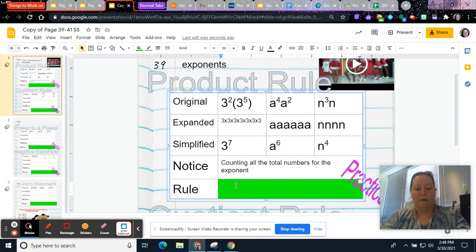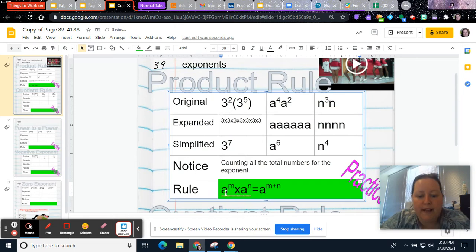So we are going to use a to the m times a to the n equals a to the m plus n.